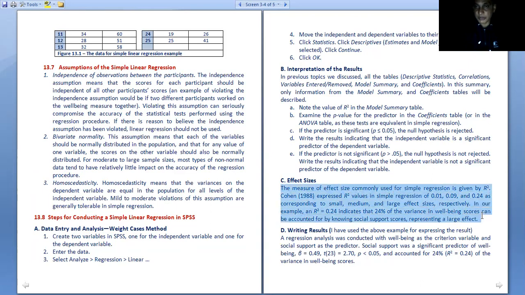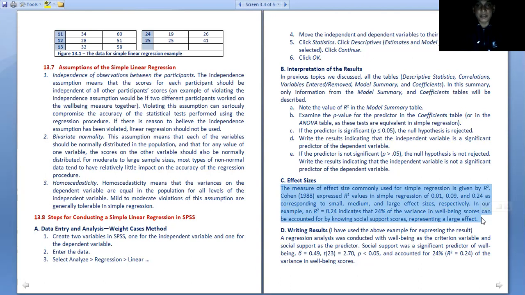As far as Cohen is concerned, for simple regression equations, we have to look at the R square value. R square value of 0.01 is a small effect size, 0.09 is a medium effect size, and 0.24 is supposed to be a large effect size. Since in this example the value of R square is 0.24, we are calling it a large effect size.